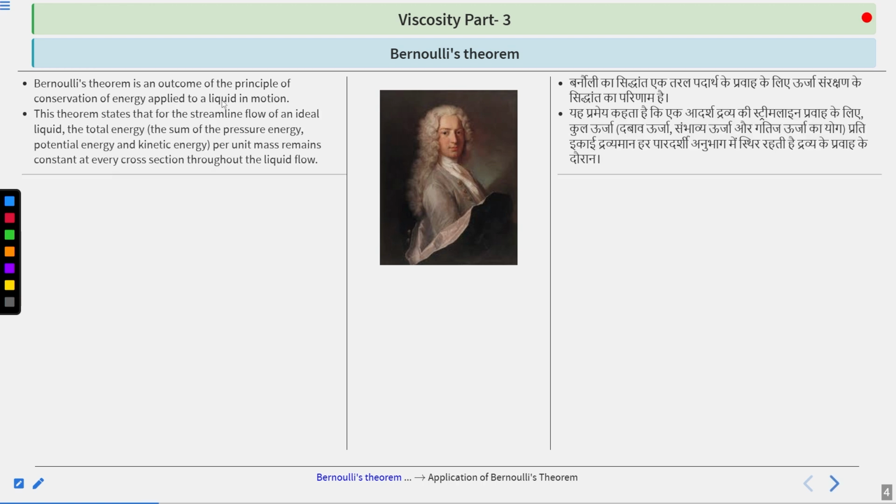Okay, this is the statement. Remember it. This theorem states that for the streamlined flow of an ideal liquid, we are talking about an ideal liquid, not realistic scenarios, the total energy, which is the sum of the pressure energy, potential energy, and kinetic energy, per unit mass remains constant at every cross section throughout the liquid flow.